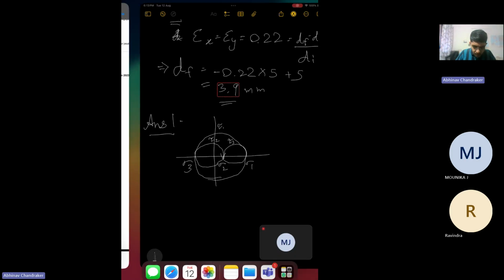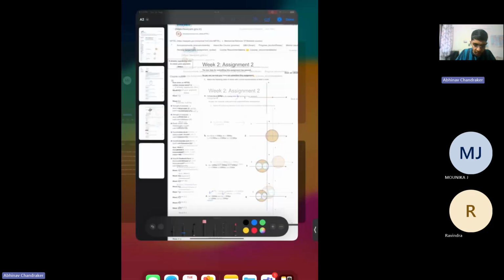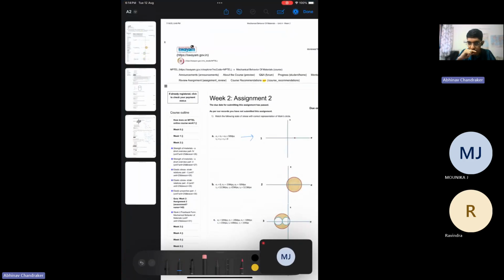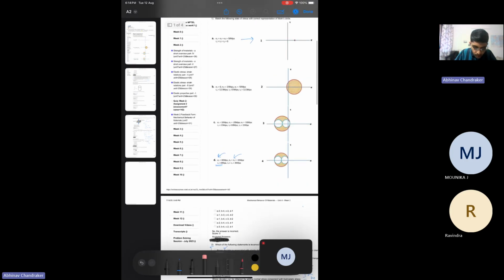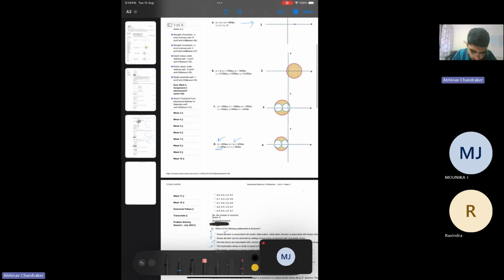Even having just the three principal stress states is enough to define the Mohr circle. So let's see, for B, you have sigma 1 equal to 0, sigma 2 minus 25, sigma 3 minus 50, and tau is also given.